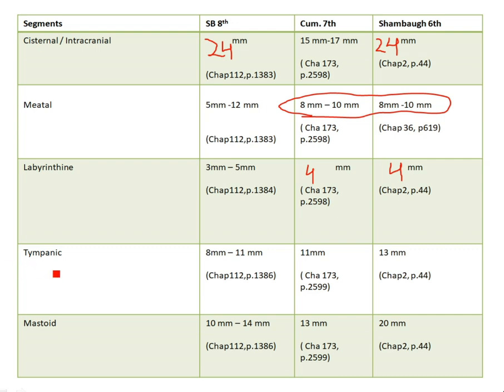Similarly, the tympanic segment is explained differently. Scott Brown mentions in chapter 112, page number 1386, that it is 8 to 11 millimeters. Cummings 7th says 11 millimeters. Shambaugh 6th says 13 millimeters.